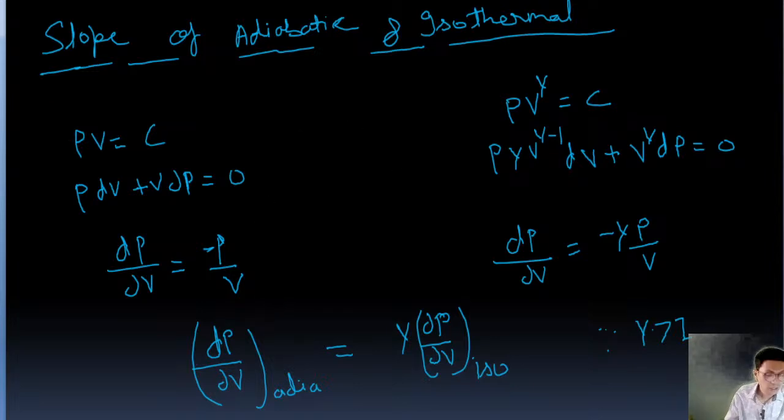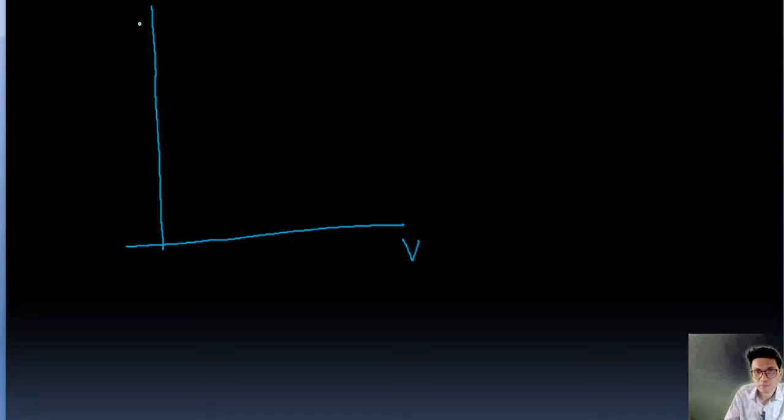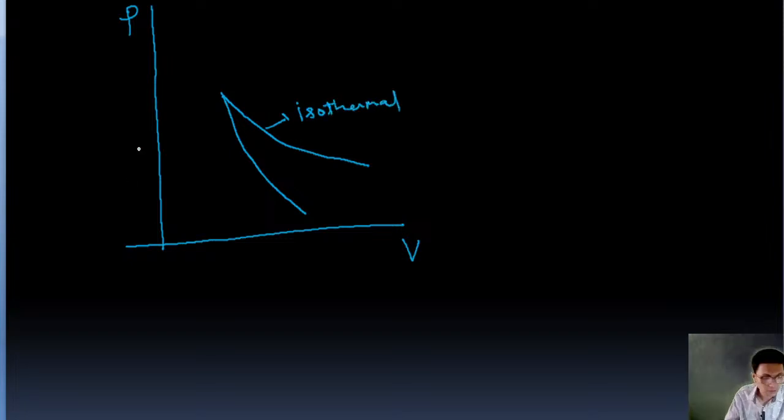Well, now here we can draw the slope in the PV graph. This is V and this is P. The isothermal curve is going to be like this, and the adiabatic is going to be like this. These are the graphs in the PV graph.